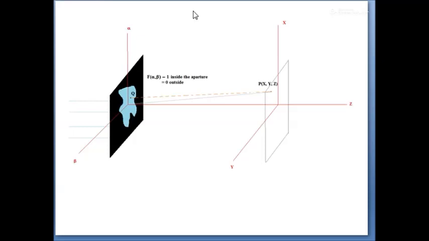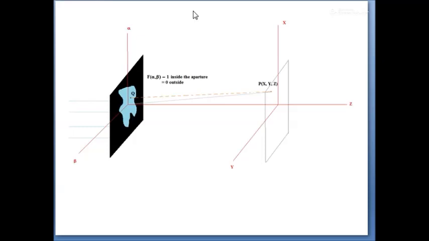Okay, so it is a very good approximation: taking a function, I am going to limit the effect of the incident wave within the aperture region. Outside the aperture region, the effect will automatically be 0.